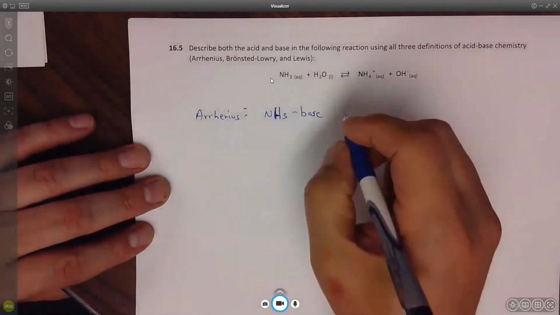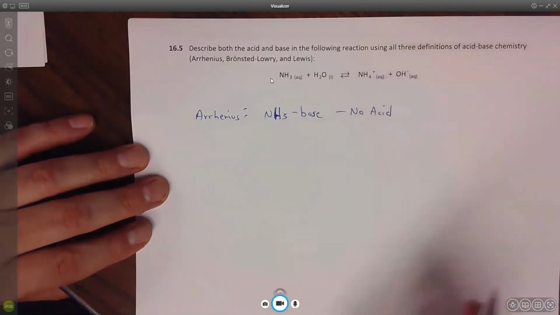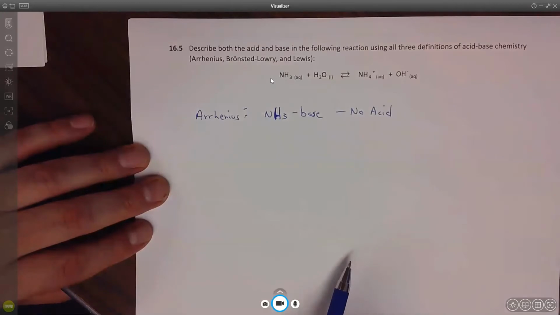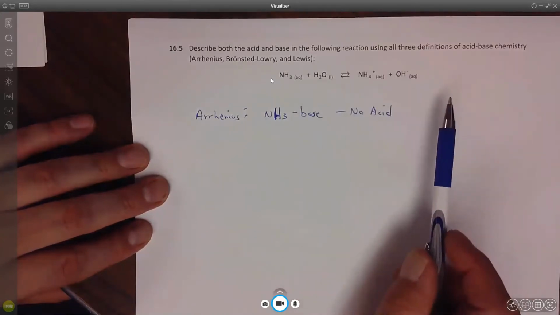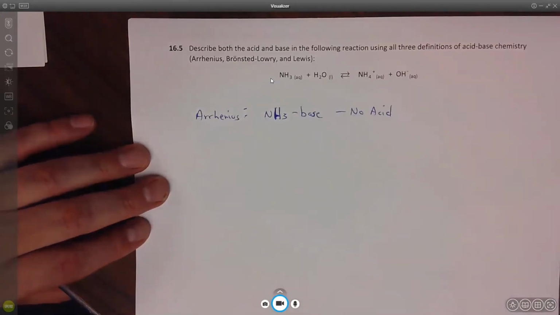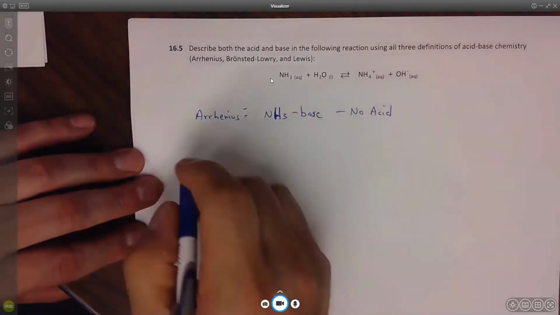However, there is no acid in this reaction, because when the acid is dissolved in water, it generates the hydrogen ion. But do you see any hydrogen ion over here? There isn't. So this is the problem with the Arrhenius definition. It was just way, way too simplified. Okay. So now we get to the Bronsted-Lowry.